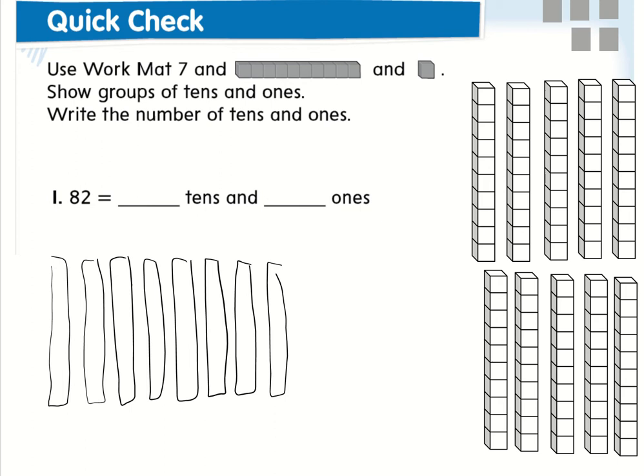And then I have 2 ones. So ultimately 82 is just 8 tens and 2 ones. It's because they go 10, 20, 30, 40, 50, 60, 70, 80, 81, 82. Just like that. Alright, so let's get into what we're actually going to be doing today.